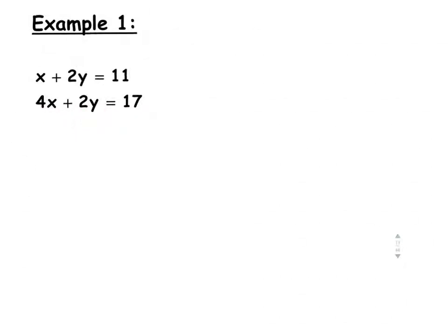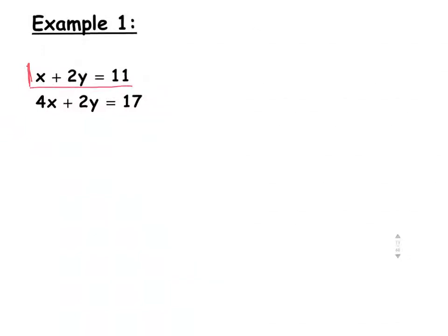And so what we have to do first now is we have to pick which variable is the easiest to solve for. And so things you want to look for, variables that have a coefficient of just 1, like this x here in the first equation. I think this is the easiest one to solve for.